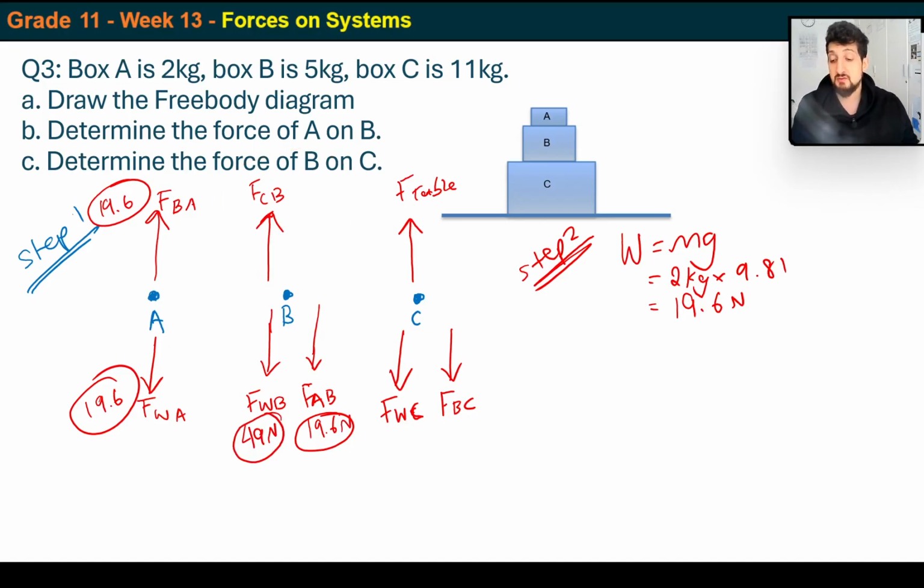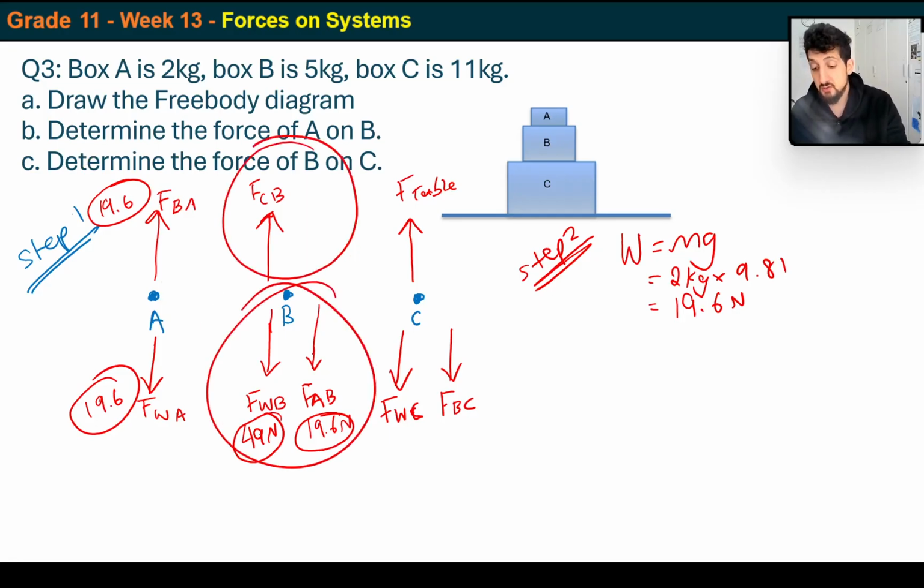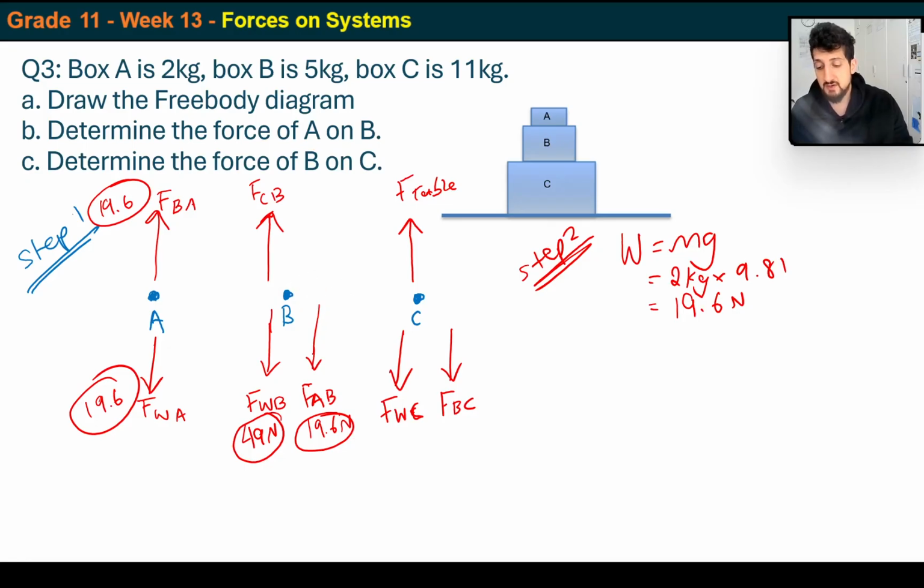What's the force that C is exerting on B? Well, that's easy. All I have to do is add these two together. Why? Because remember that everything at the bottom has to equal everything at the top. Like that has to equal this. In this case, it was just one force, so that's why it was easy. Whereas here, 1 is equal to 2, so I have to add those two together.